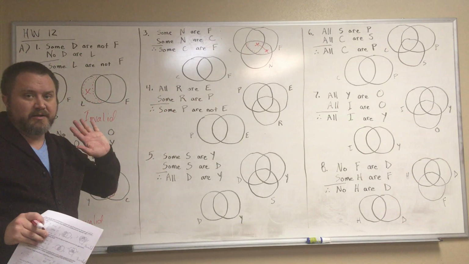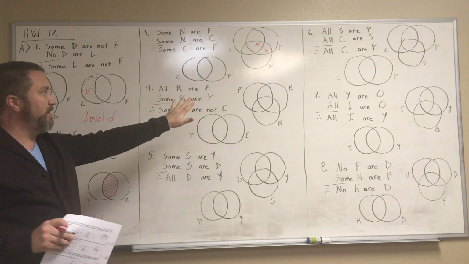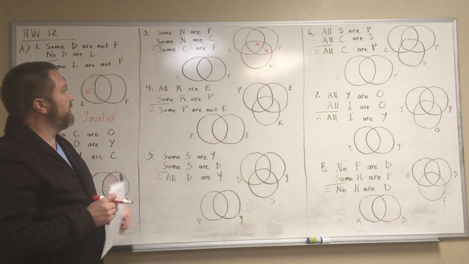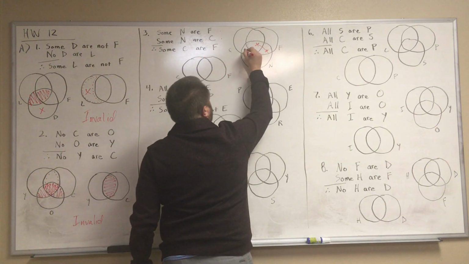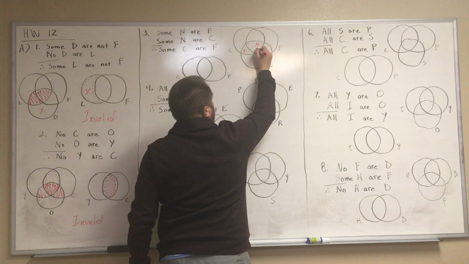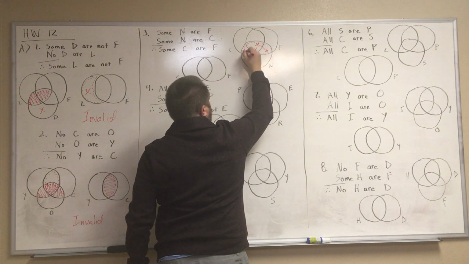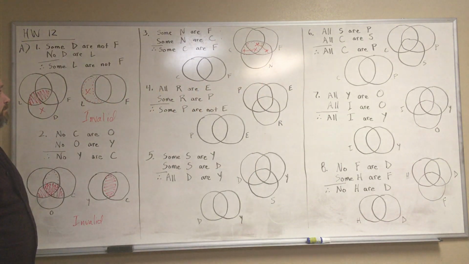So again, to establish validity, and we'll get to that, we need a standalone X in a specific area. So some N are C, another crossover here, fence straddling X, because we're looking for an X somewhere in this area. We don't know what side it's on.